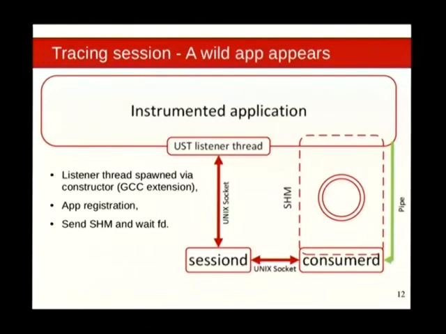We are using user space RCU heavily. Has anyone heard about RCU here? Show of hands. RCU is a very complicated thing, but it's user space RCU. RCU means read, copy, update.